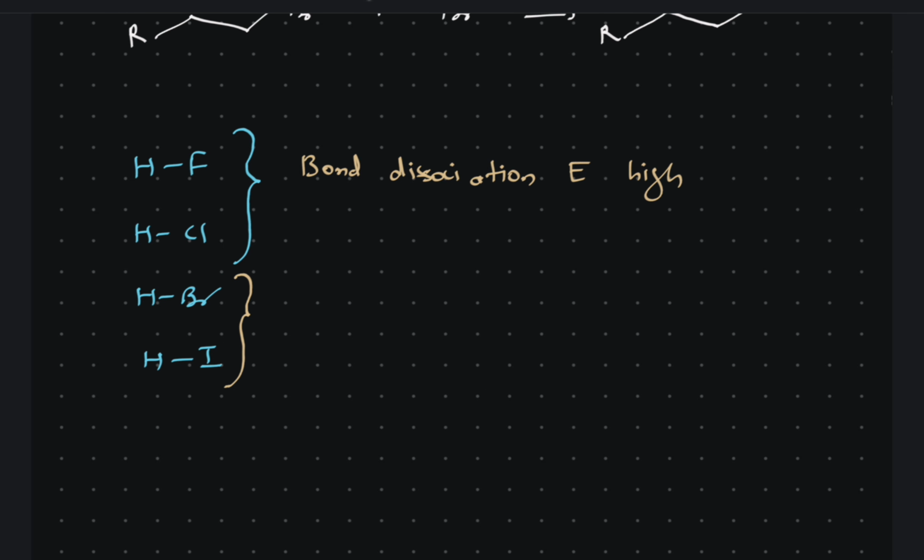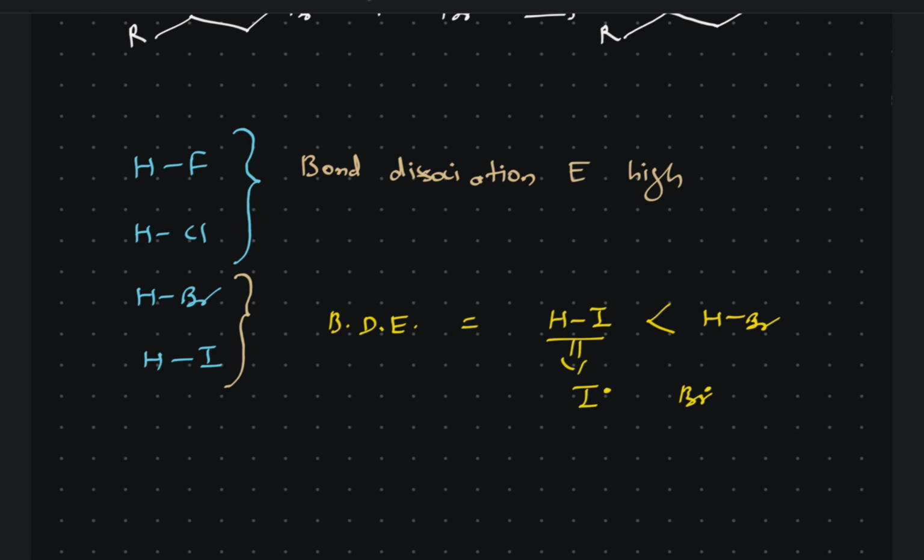Now for HBr and HI, we know the bond dissociation energy of HI is lower than HBr, so it should break easily. Also, the iodine free radical is more stable than the bromine free radical, because its size is larger and it is polarizable; the electron density is polarizable in iodine.